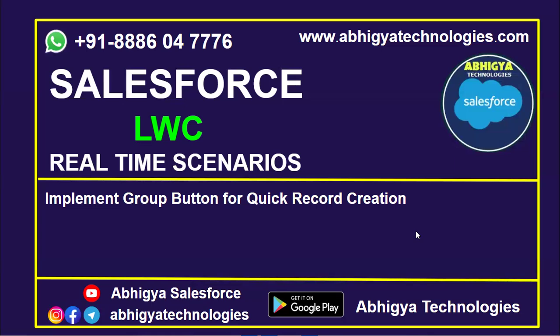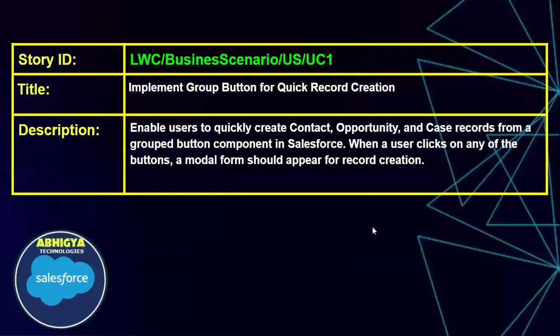But here we are going to cover how to access the LWC component in the quick action button, and how to highlight which button is selected, meaning whichever button they click is dynamically highlighted. Let's see how we implement that use case in this video.